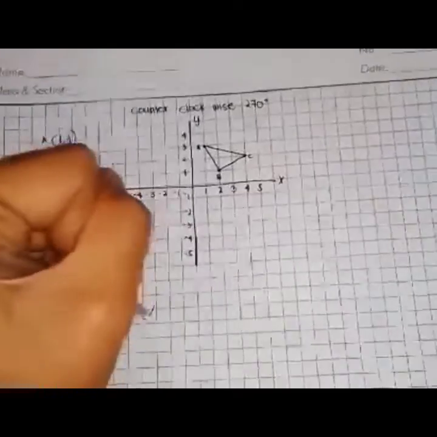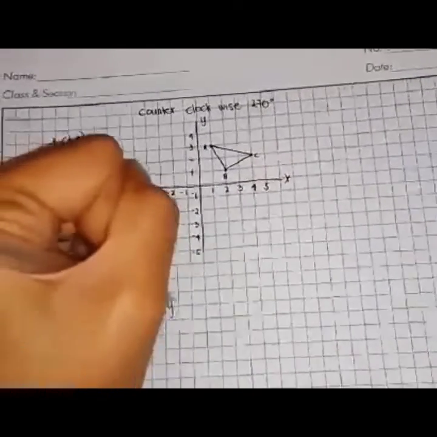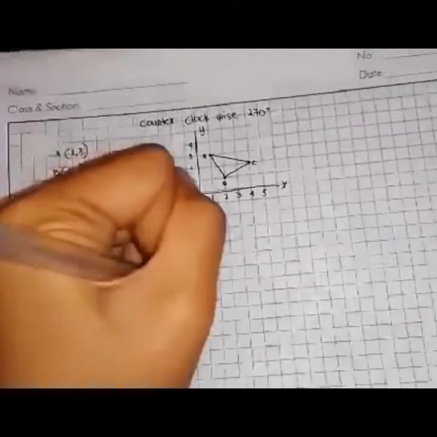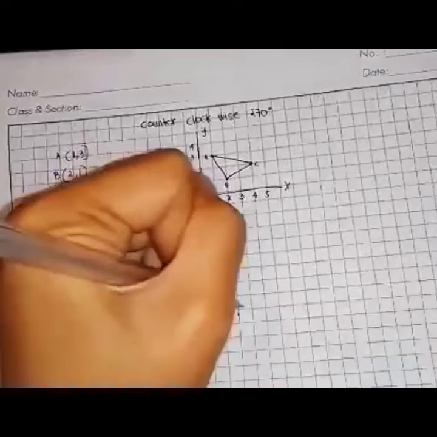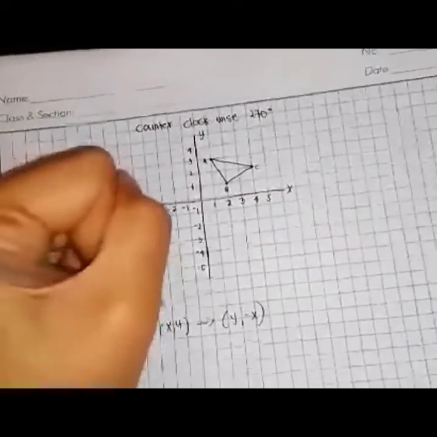This is the example of counterclockwise with 270 degrees. Same process, just follow the rules of each degree.